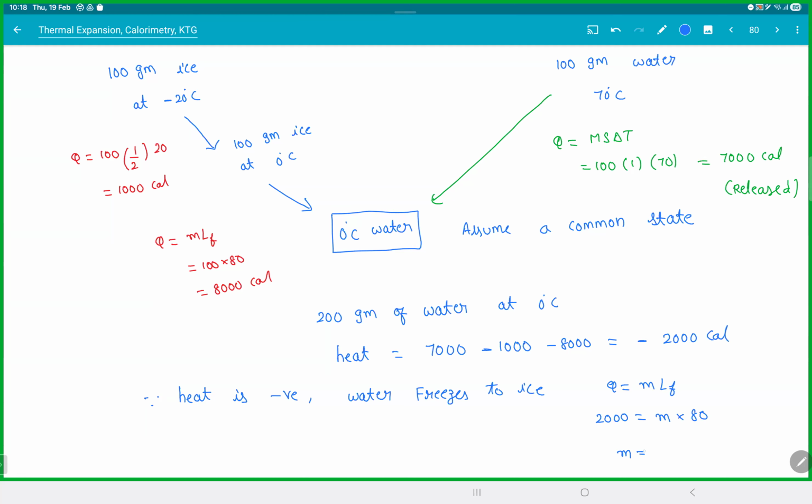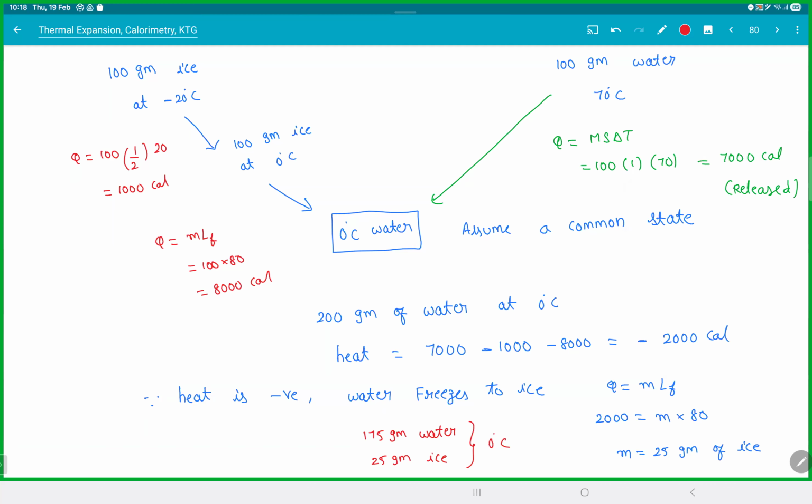That would be 0.025 kg, that is 25 grams. So that means if you can convert 25 grams of water into 25 grams of ice, you will get the 2000 calories of heat required. Therefore, finally, you have 175 grams of water at 0 degrees and 25 grams of water has become ice, and the final temperature is 0 degrees. Remember, the temperature will not change until all the ice will melt. Are you clear how we did this?